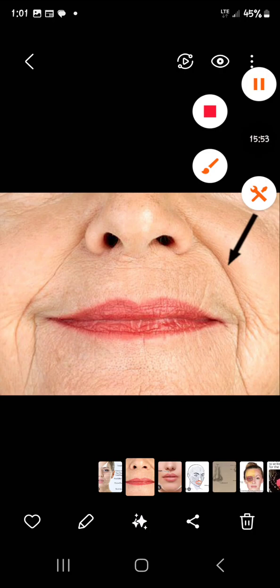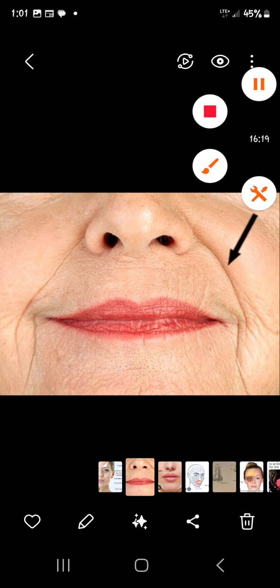So the nasolabial sulcus is an acquired marking. Naso means nose, labial means lips, sulcus means groove, furrow, or wrinkle. Sulcus is always acquired because a groove is always acquired.